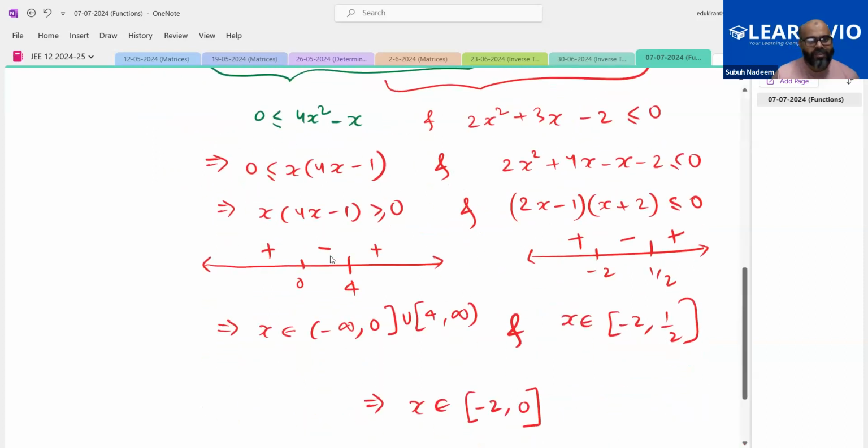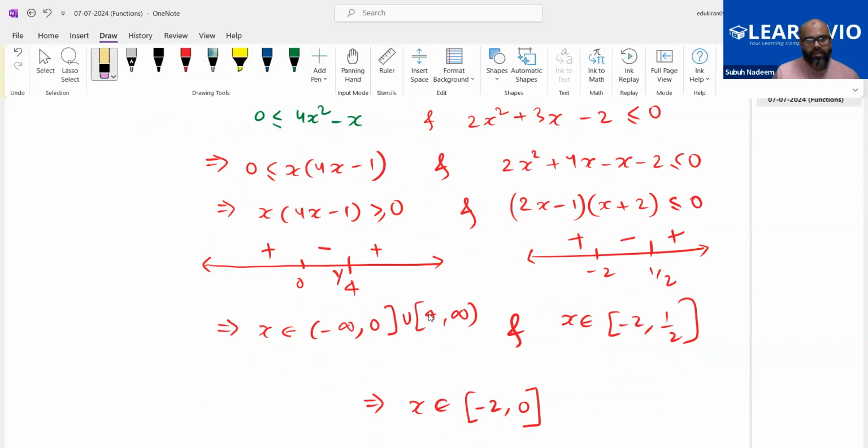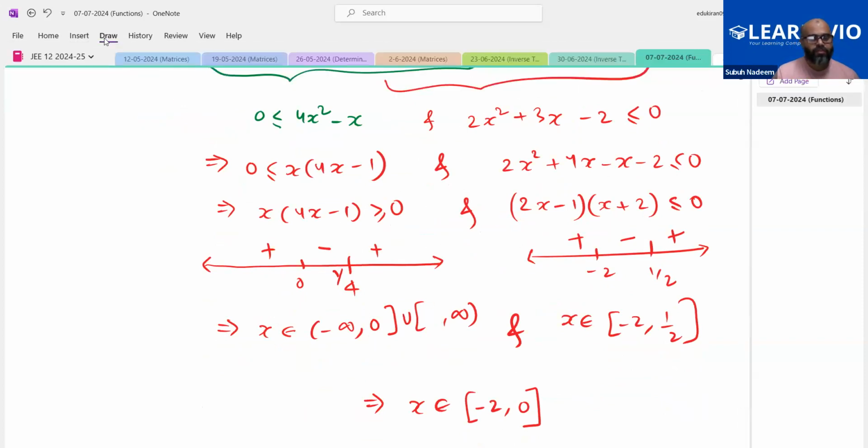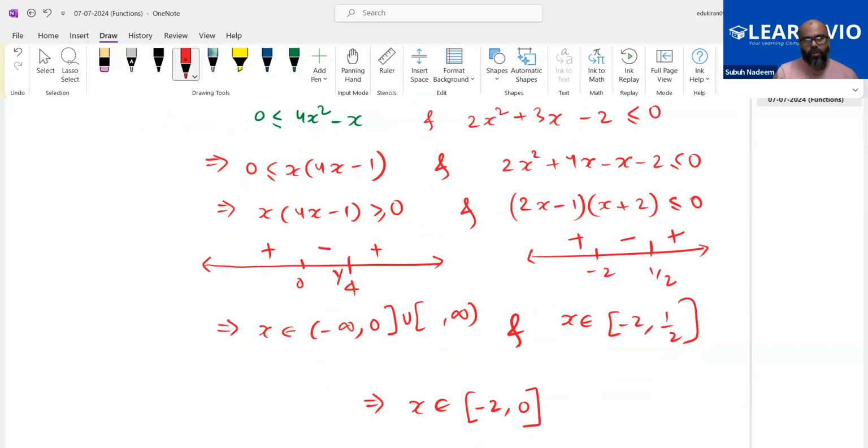Okay, sorry, one mistake I have done. This is x equal to 0 and 1 by 4, not 4, it is 1 by 4. So it was a small careless mistake.